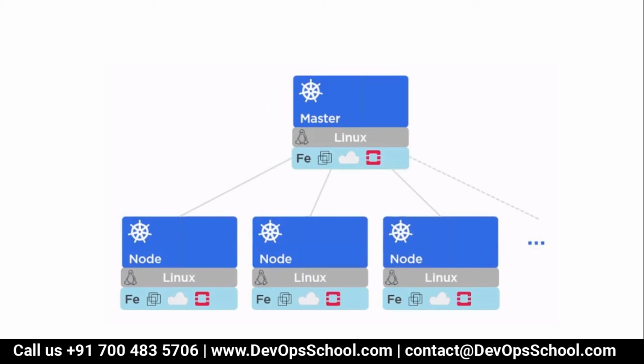So from Windows 2019 onwards, the node can also be Windows. So master has to be Linux 64-bit, but node can be Windows or Linux 64-bit. Make sense? So this image has to be modified a little bit. Are you understanding it so far, guys?